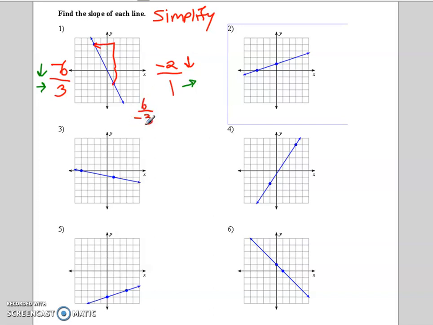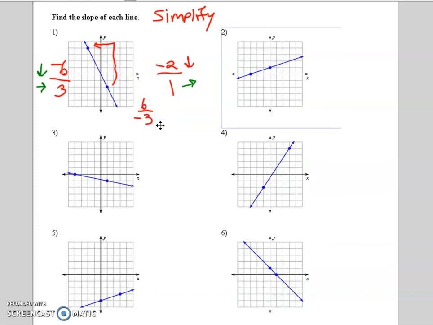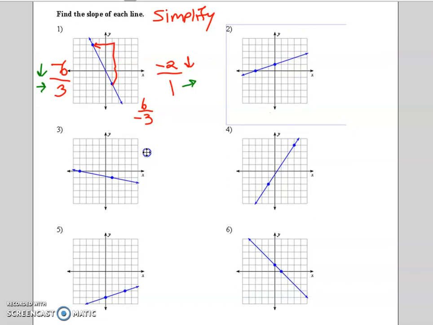So the -3 on the bottom, a run of -3, means you're going left 3 and up 6. So it's the same idea. You're just locating another point, but going in the reverse direction. So that would simplify to 2 over -1.